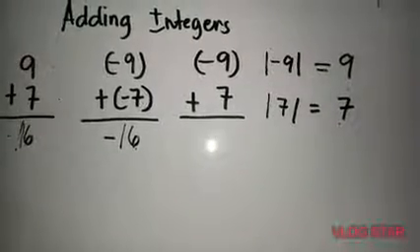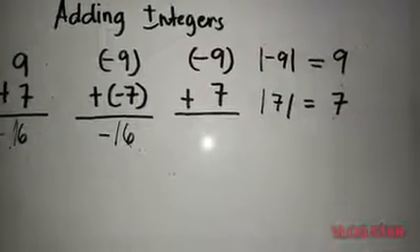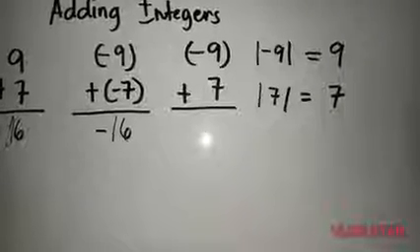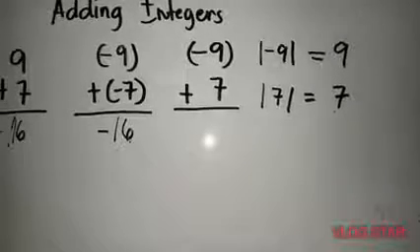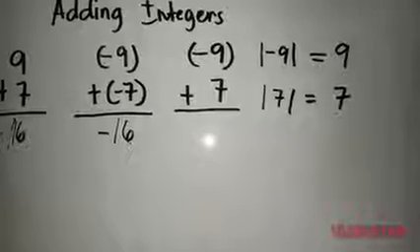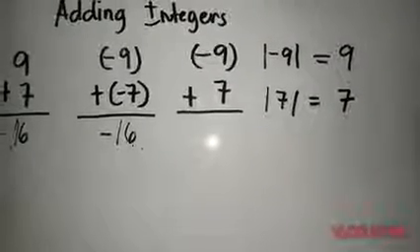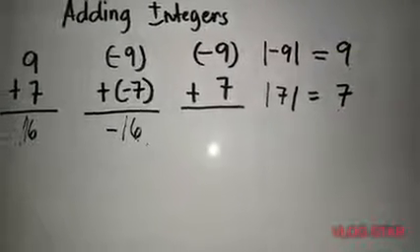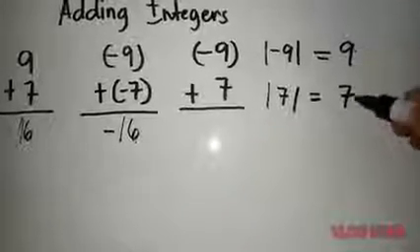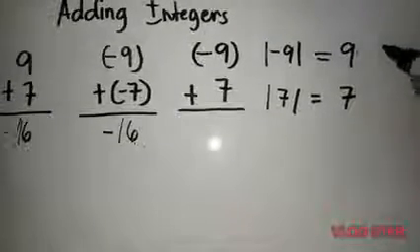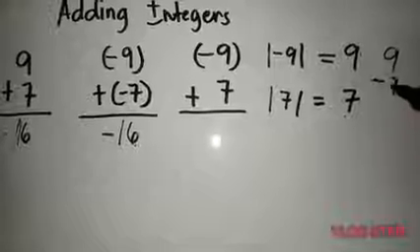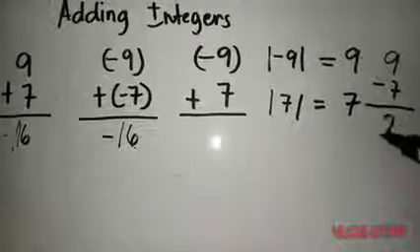Then after getting the absolute value of the two integers, subtract the lesser number from the greater number. So 9 minus 7, the answer is 2.